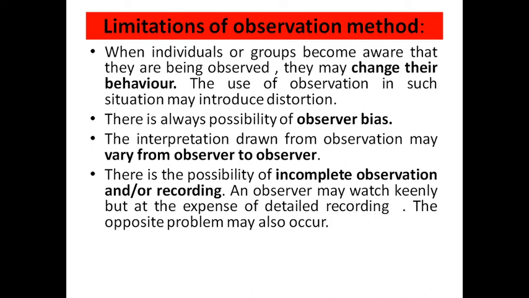Or the reverse may also happen. If the observer gives importance to recording, some moments may be missed or some things may be left unobserved. So these are some of the problems associated with the observation method.